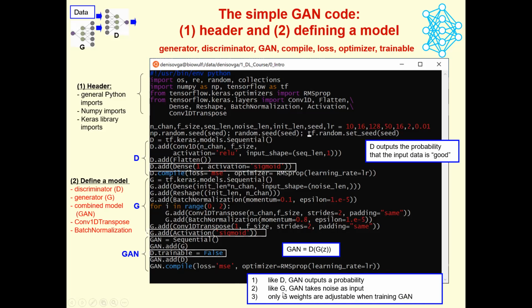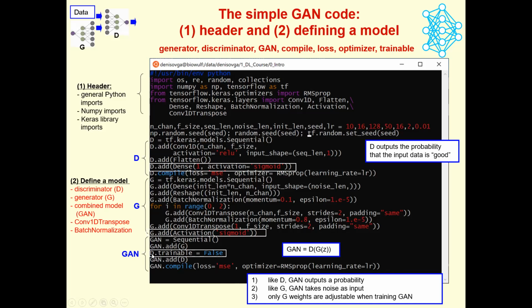The second comment is that since the generator is the first step of processing in the composite network, the input to the GAN would be the same as the input to the generator. In other words, it would be random noise. And the last comment is that before we add the discriminator to the GAN network, we freeze the weights of the discriminator.